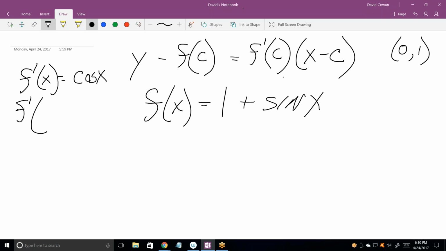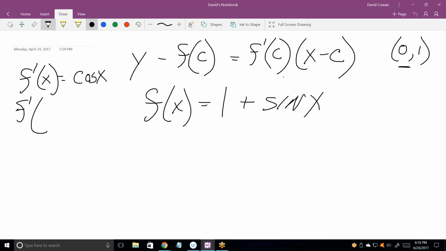In other words, we want to evaluate values of x that are close to this point. This method only works if you're really close to the point. If I'm trying to figure out what f of 10 would be, I'm not going to get a real good approximation using this technique. But if I'm trying to figure out what f of 0.1 is, this technique's going to work really well. So as long as I'm close to this x value, okay?